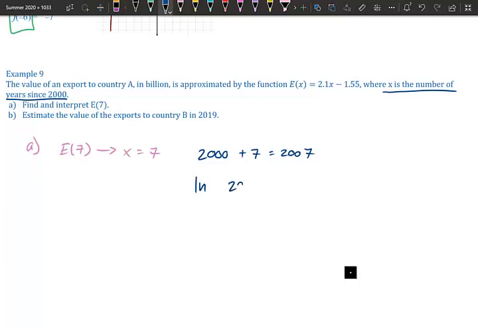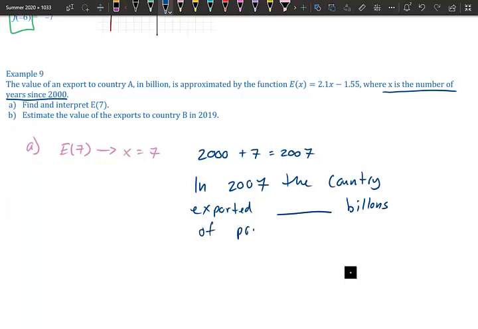So that's what it means: in 2007, the country exported blank billions of product. We can find the blank by plugging in 7 for x.